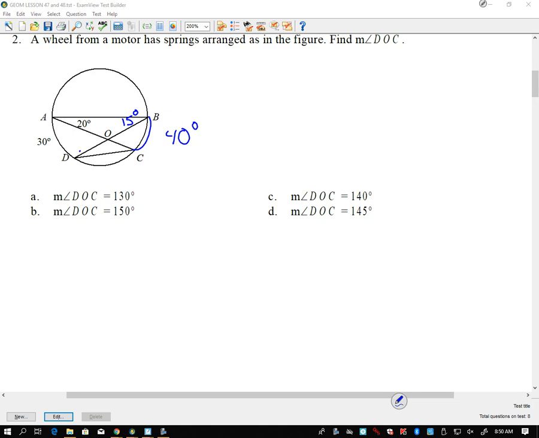All right, so this is 20 degrees. What do we know about angle ACD? What is it? 15 degrees because it intercepts arc of 30. Now could I do the same math and take 20 plus 15 and subtract from 180 and get the 145 that way? Absolutely. So there is more than one way to get that.